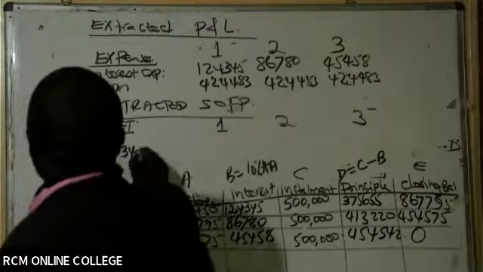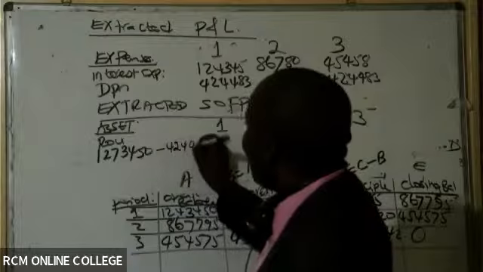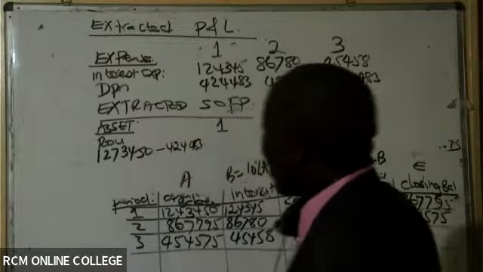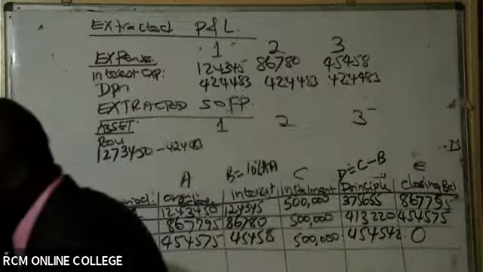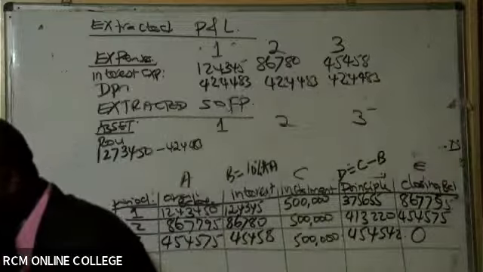So we expect this asset to lose value. In the first year, we lose this depreciation. So to get year 1, say minus 424,483. Give me a whole number here. Thank you very much, Taylor.